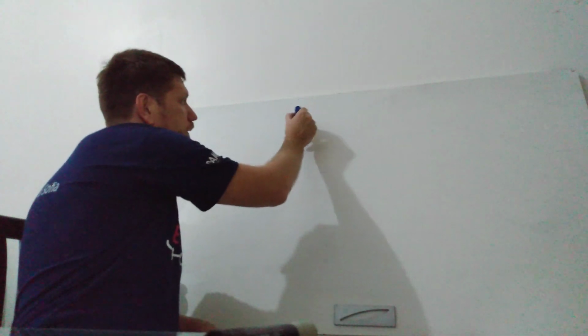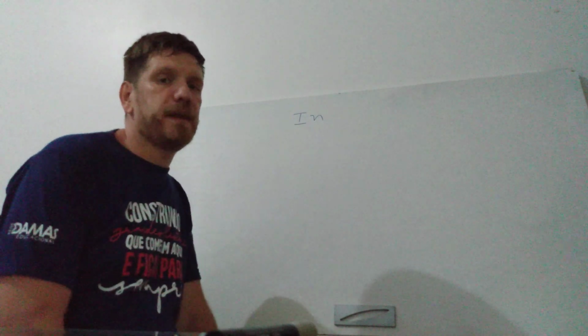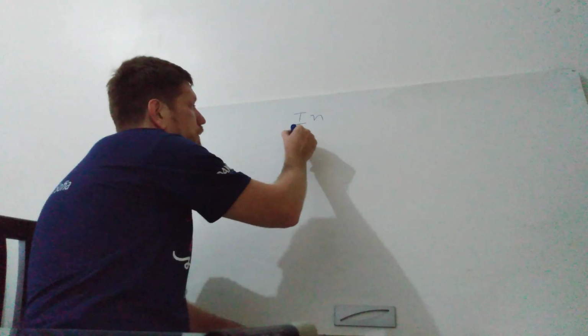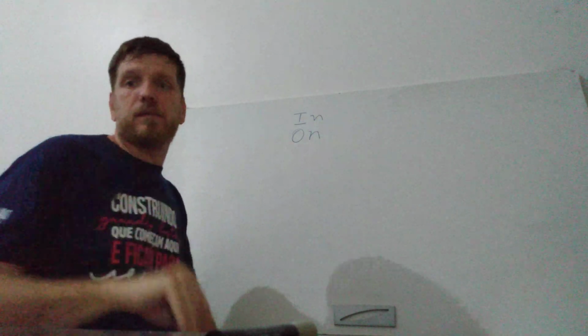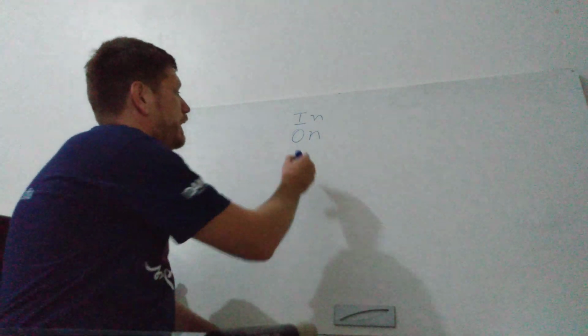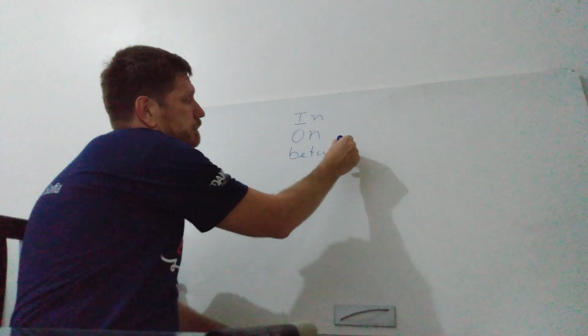Okay, right, as we saw, in. The letters, as you saw them, they are in the box. We also saw on. The plate, the doll were on the table. We also saw between.